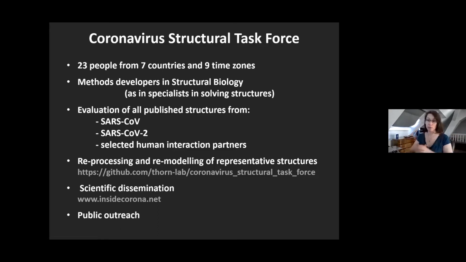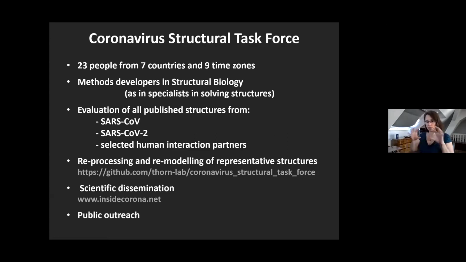Some 70 groups have written to us asking advice on different topics, like which structure should we take for our problem and our modeling. But of course, most of them are not pharmaceutical companies. So we know that the pharmaceutical companies are using our data as well, but we don't know who they are exactly because they don't talk to us.